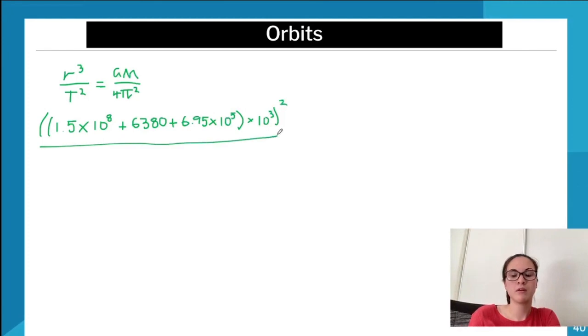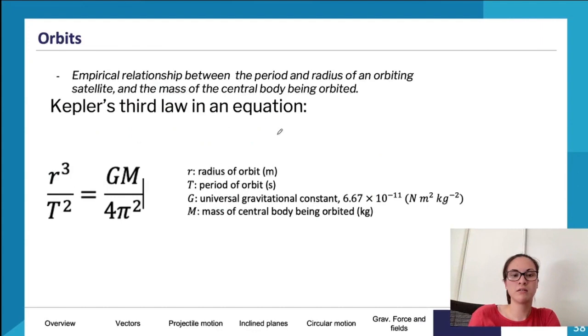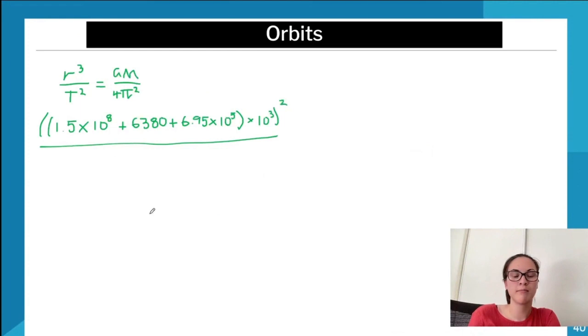Over the period, which is 1 year. Wait, but isn't that in seconds? Would you look at that. So now we're going to do some magic math here. If you think about it, 1 year, we've got 1 day, which is 24 hours, and then it's got 60 minutes in each of those hours, which has 60 seconds in each of those minutes.